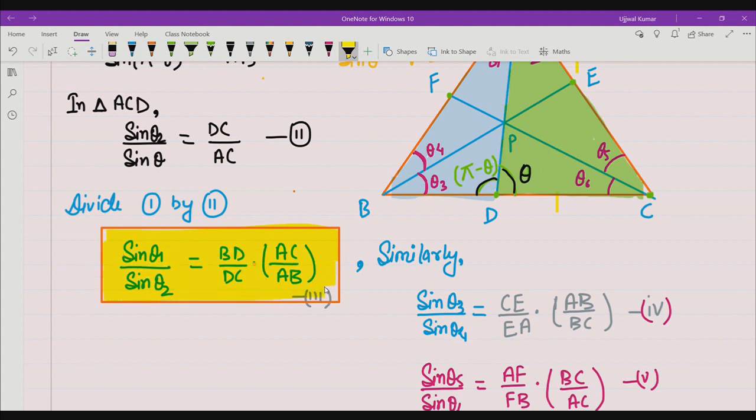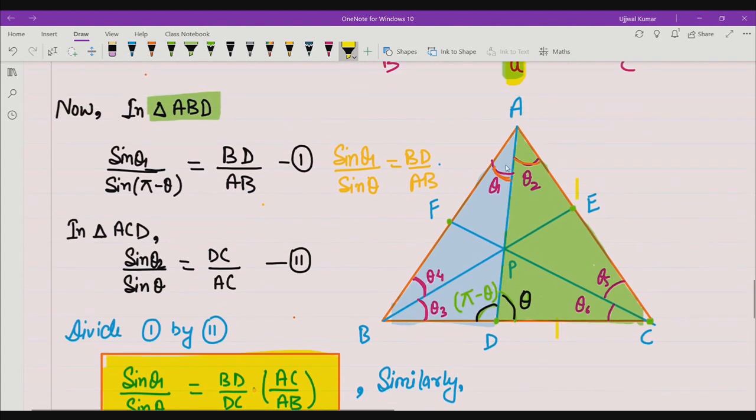For theta 1 and theta 2 we have the opposite sides BD ratio DC. Also for theta 1 we have the opposite side AC, and for theta 2 the alternate side AB. So the ratio for theta 1 and theta 2 is BD upon DC, multiplied with AC upon AB.